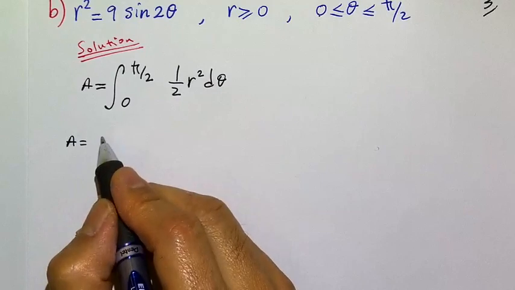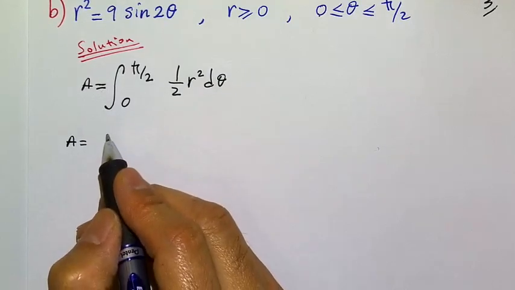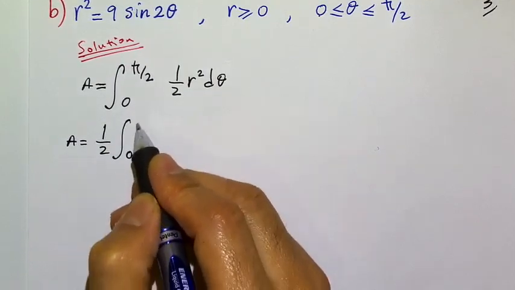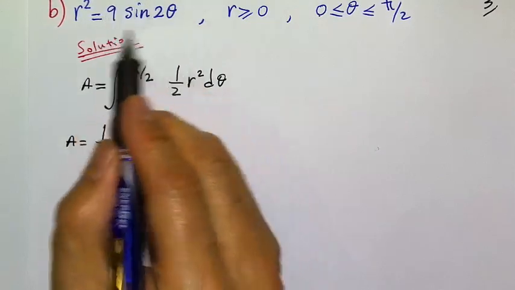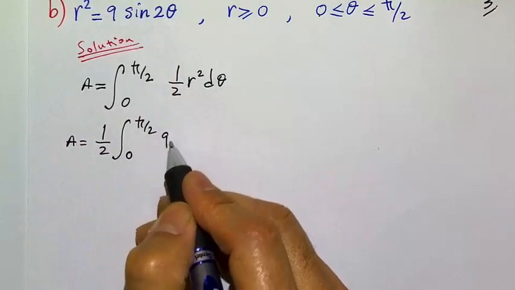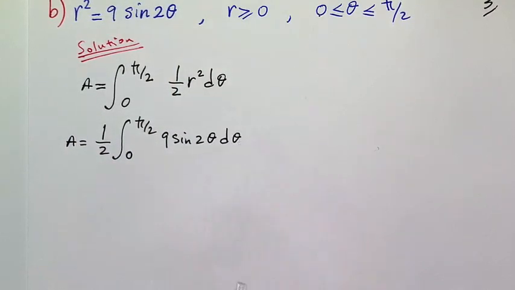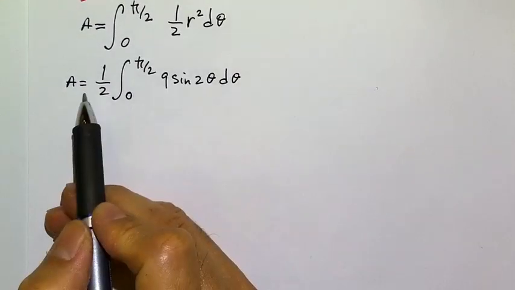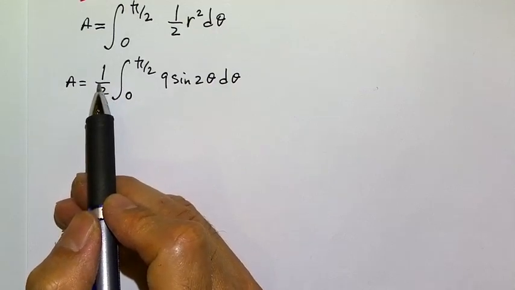So we have A is equal to, and right off the bat, I'm going to put the 1/2 in front, so 1/2 times the integral from 0 to pi over 2. Instead of r squared, let's plug in the whole thing, d theta. Of course, that 9 in front can also be factored out and placed in front.